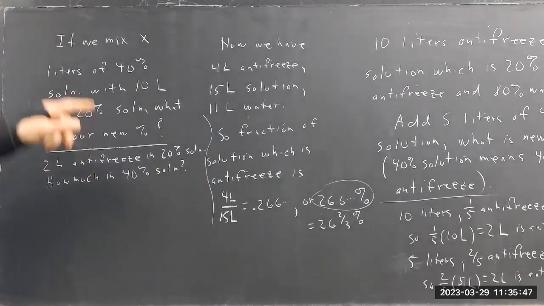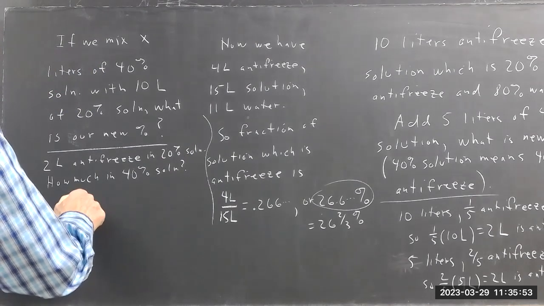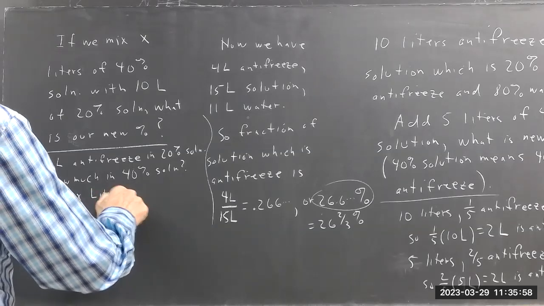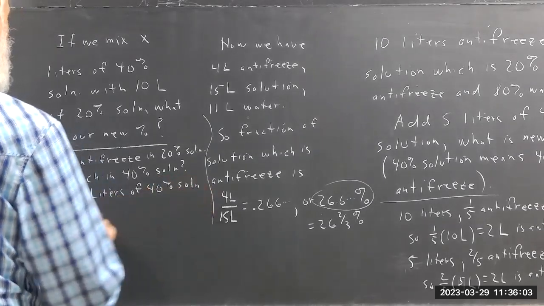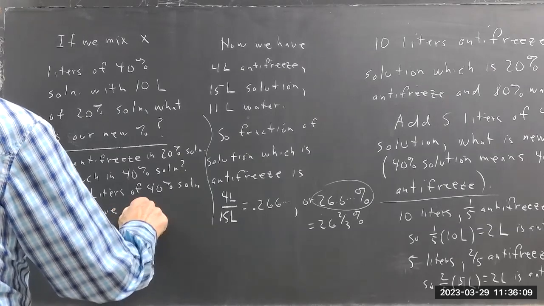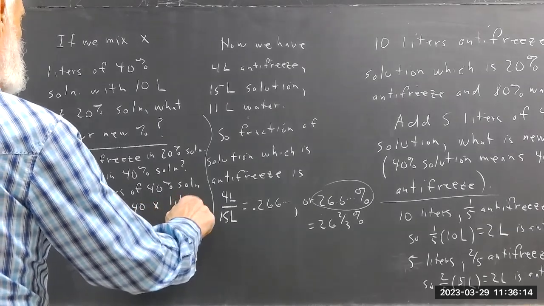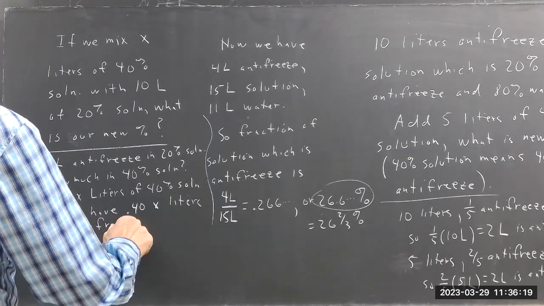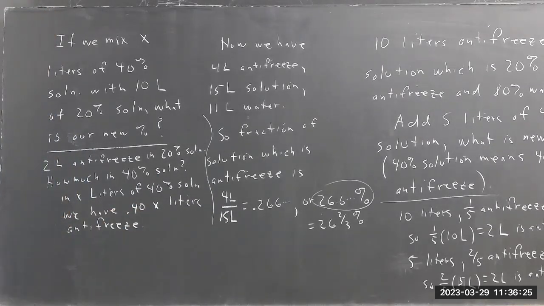Well, we have X liters of 40% solution. We got 0.40x liters of antifreeze.